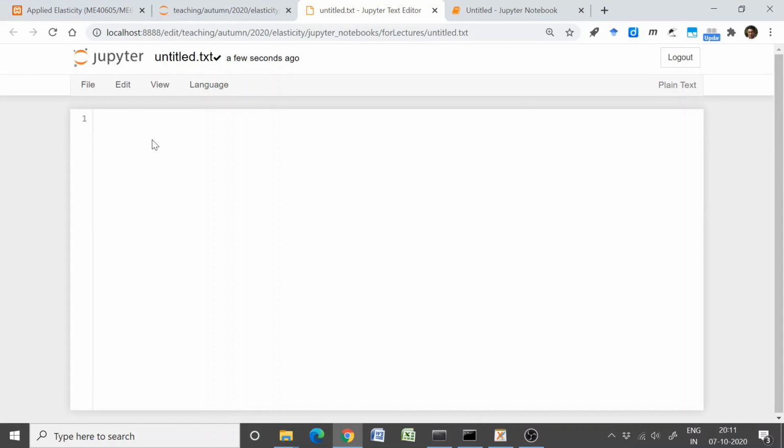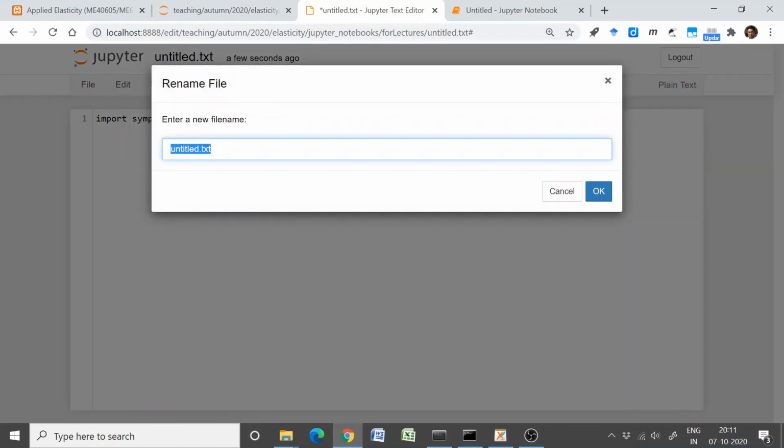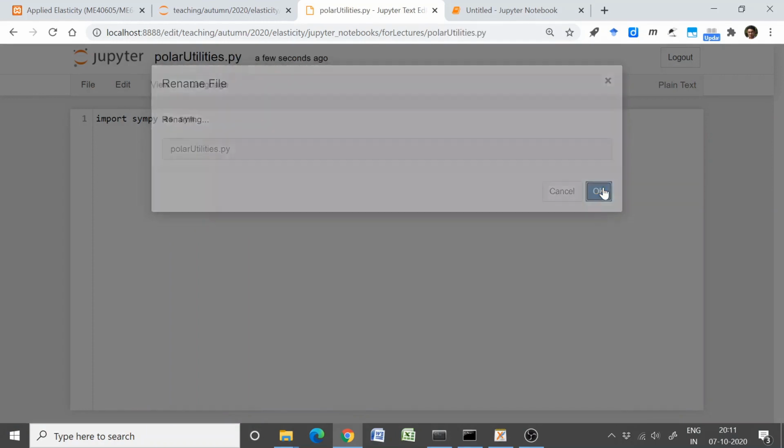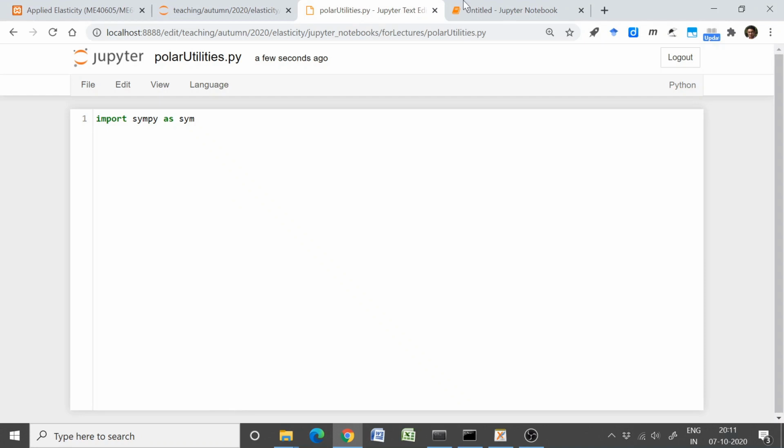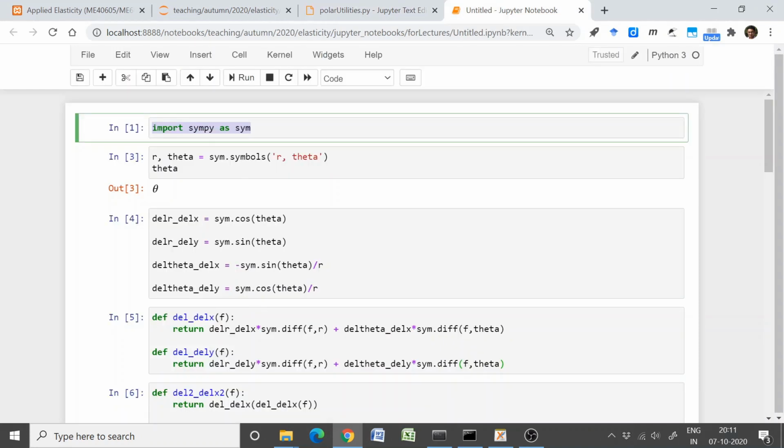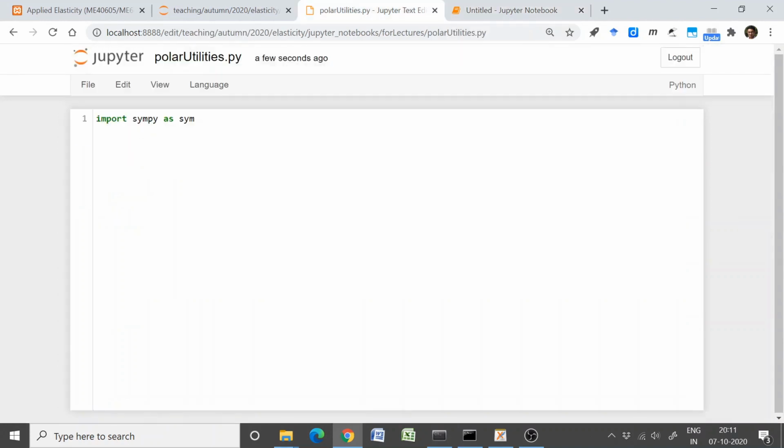Okay, so I rename this as polarutilities.py and continue copying the various lines into this. As simple as that. I just copy this here.